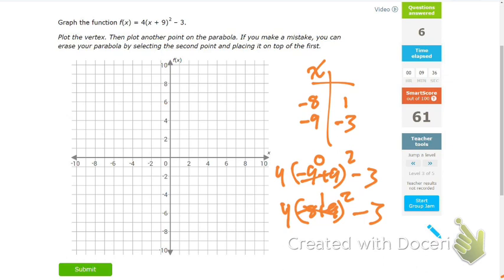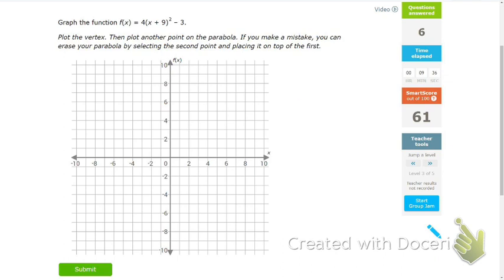But I want to show you guys this shortcut. And I don't know if you guys will be able to track me on this, but you totally can find these shortcuts yourself if you keep graphing tables. Now check this out. Because I see a plus 9, I know I'm going to move to the left 9, to the negative 9 right here. And then I see a minus 3, which will move me down 3, okay? So my vertex is going to be right there.